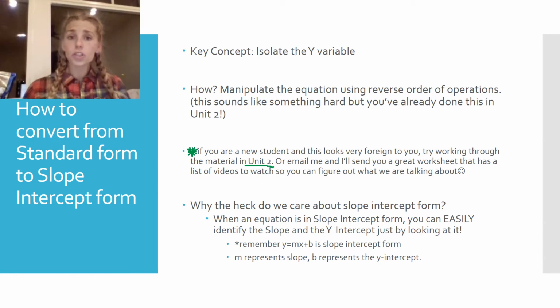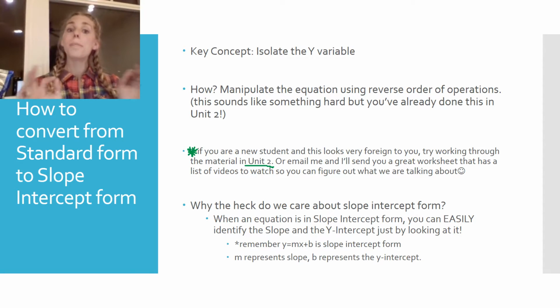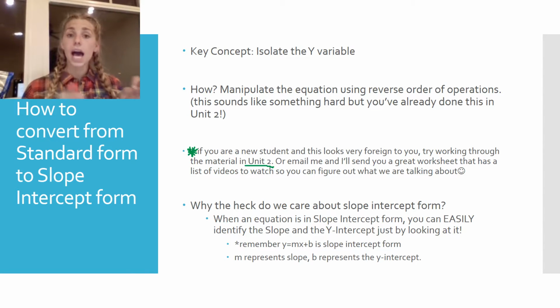You're not required to do any of the work in Unit 2, but if you have not learned the algebra that you need to know, you're going to need to go back and review the lessons so that you can learn some of the algebra. You can also send me an email and I will give you a really awesome review sheet that has some really good instructional videos on it. Just as a disclaimer for my new friends, I don't want you to feel like you're lost and that you have no hope. There is hope. You just need to go back and learn a few things.